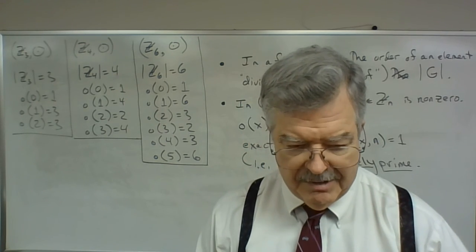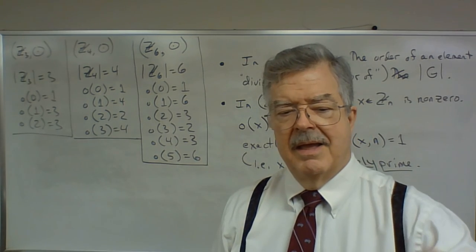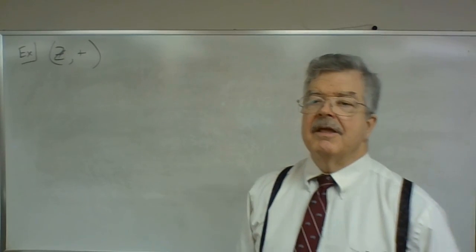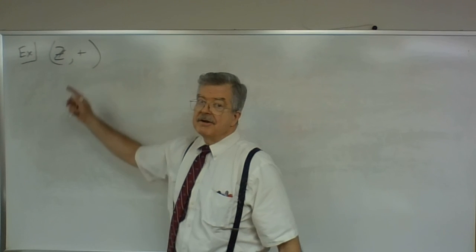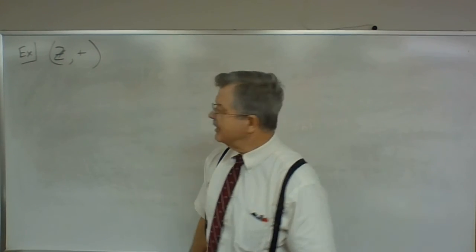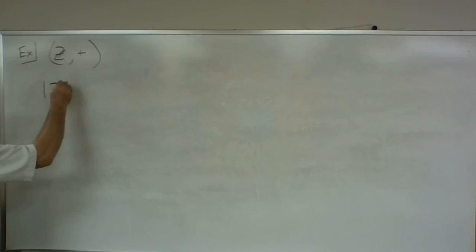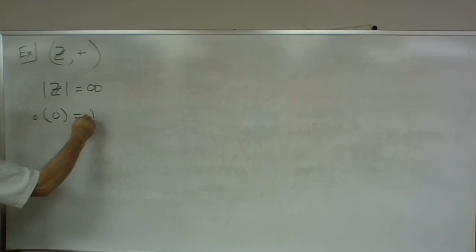Now, let's take a really quick look at something a little bit different. Here's our group, the set of integers under addition. The order of the group is infinity. There are infinitely many elements here. And the order of the identity is 1.